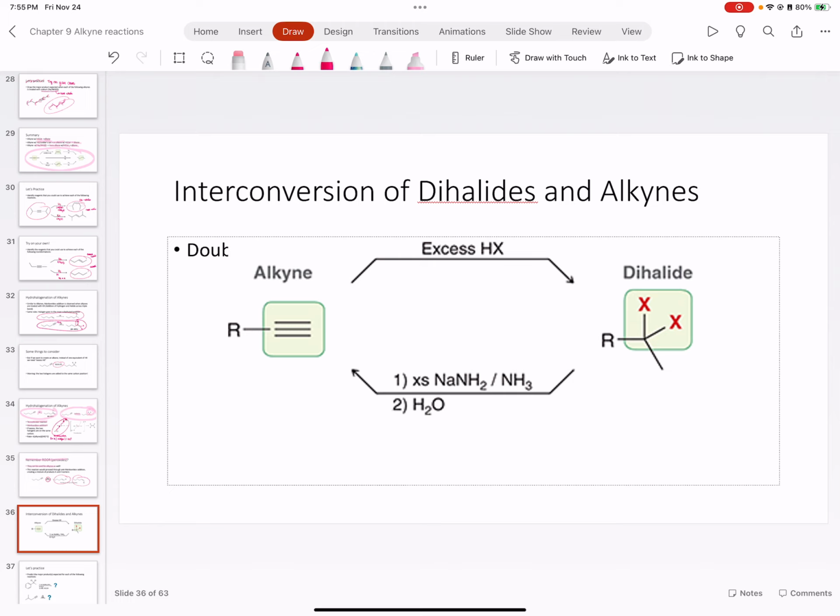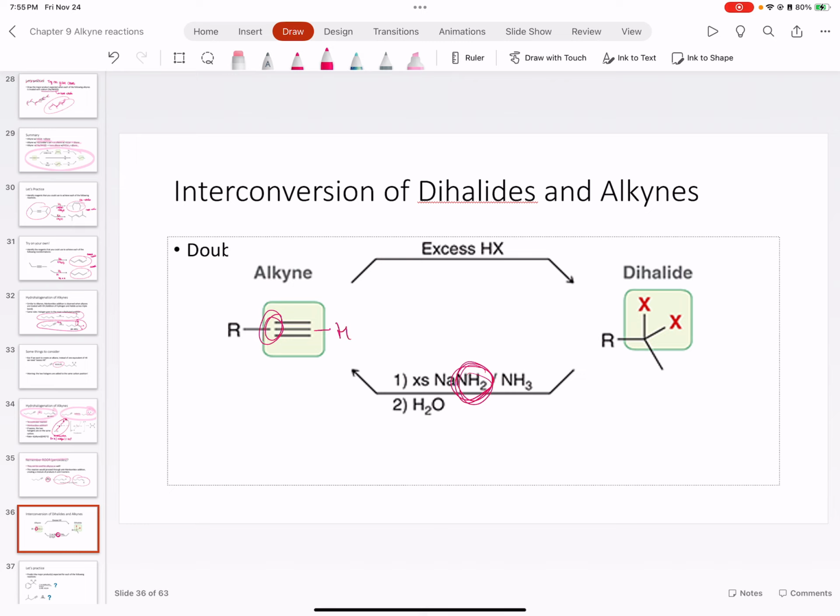So interconversion of dihalides and alkynes. That's kind of like a chart. Remember, if you get an excess of HX, your halogens are gonna go to the more substituted side, which will be this one. And if you want to reduce it, remember NH2- is a base, a proton acceptor, it takes protons from it.